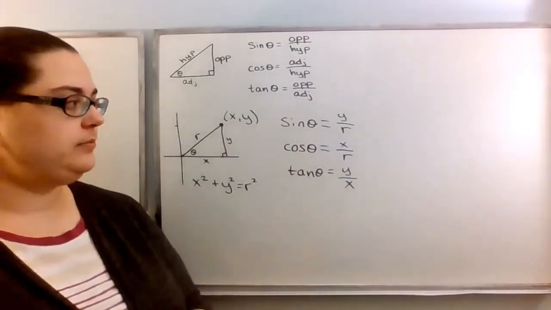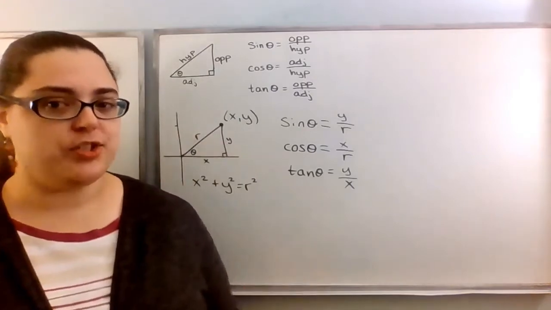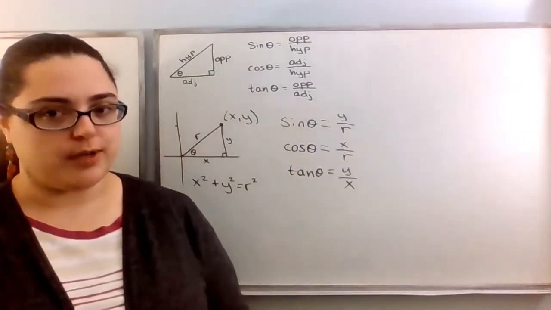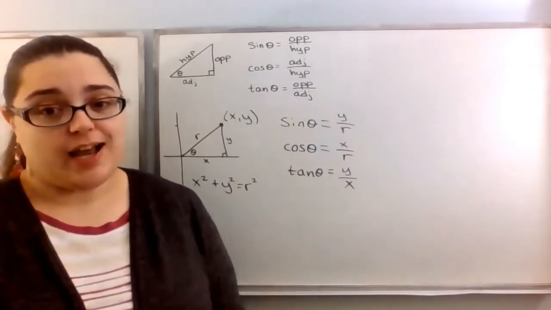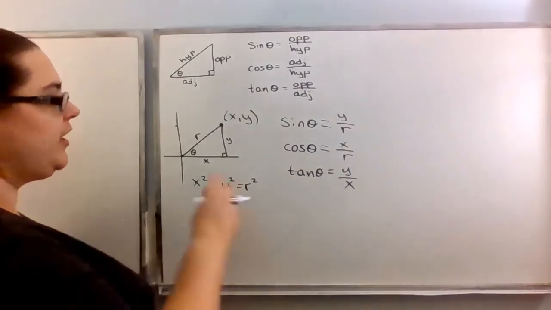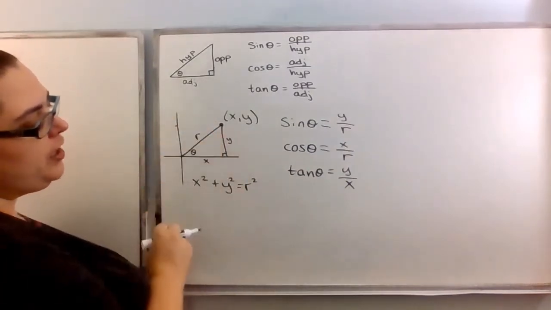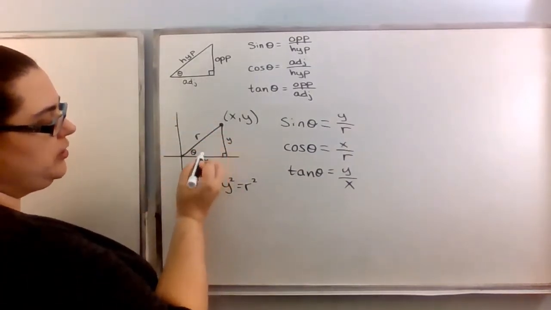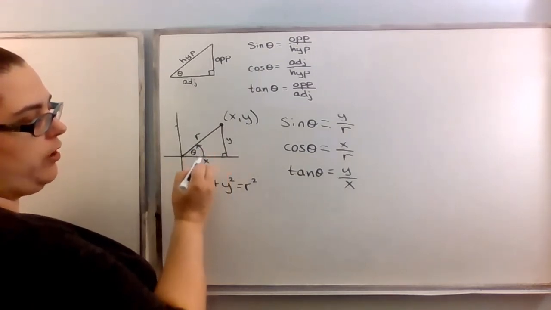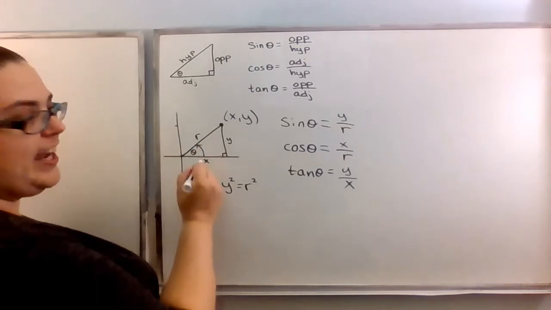Now, what this allows us to do is it enables us to broaden our definition of these trig relationships to outside of living in a triangle. So for example, in this picture that I drew, the angle, I'm assuming it's coming up from the x-axis and going towards that diagonal line.